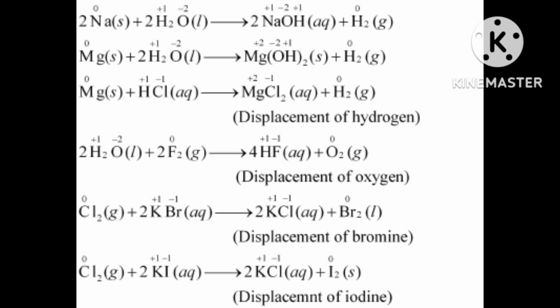Here also, as in the first case we have seen, copper was +2 and converted into copper, only copper metal. After the displacement, that was 0. That's why here V2O5 converting into 2V means V is 0. Hence +5 is converting to 0. Then there is a redox reaction. Oxygen is the same on both the right side and left side. Okay, and calcium also was 0, but a change is there in calcium also. 5 Ca was 0 on the reactant side, and here CaO is formed on the product side, so it is +2.